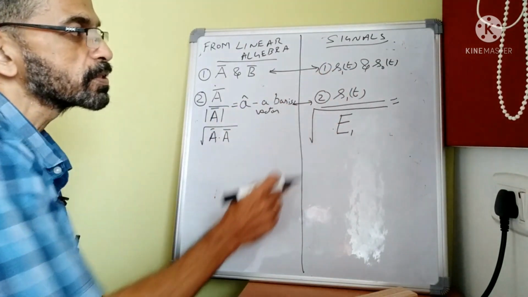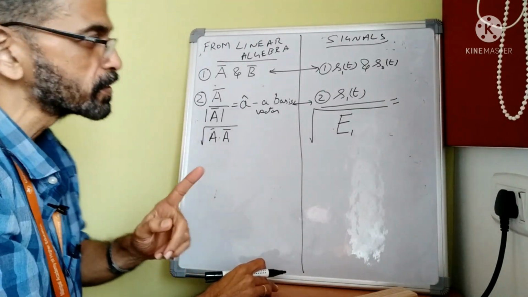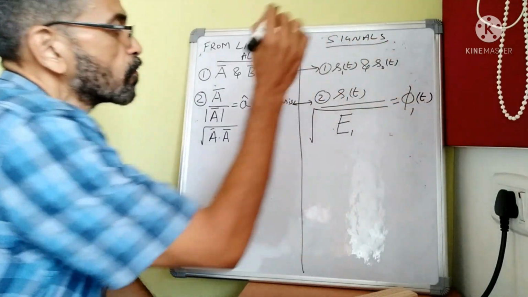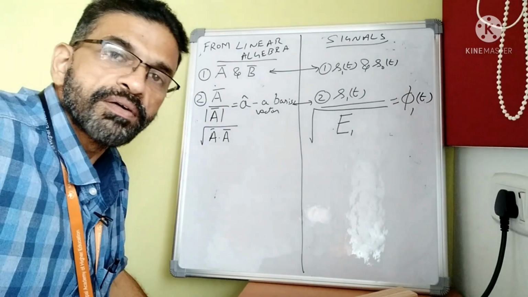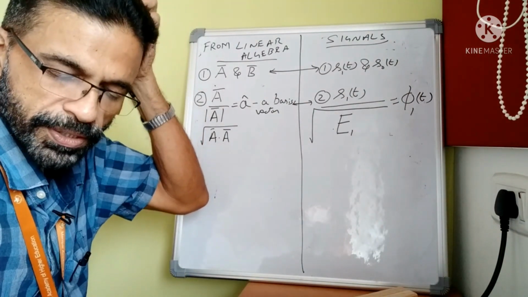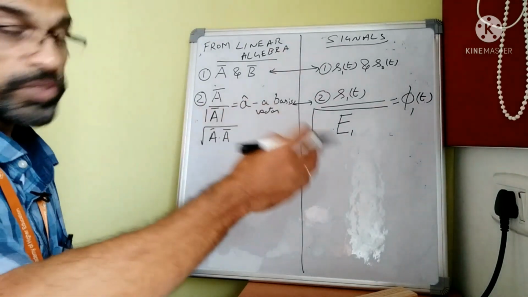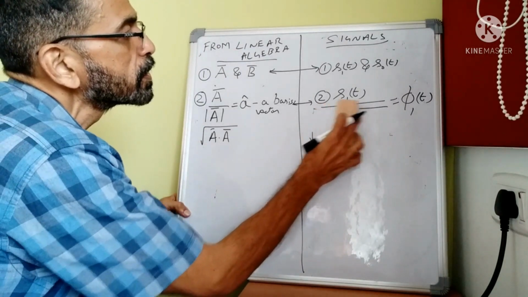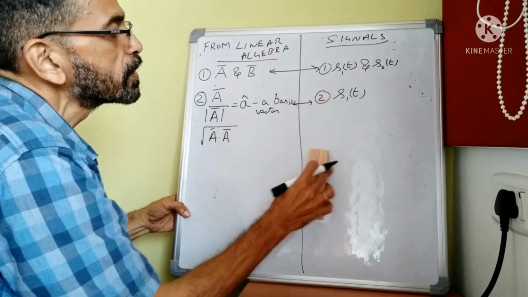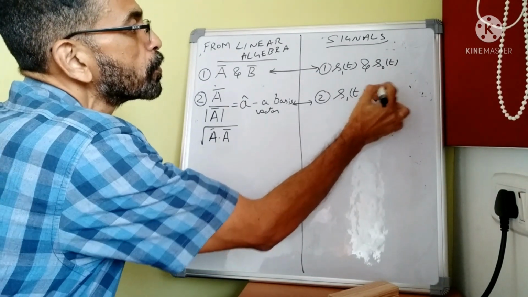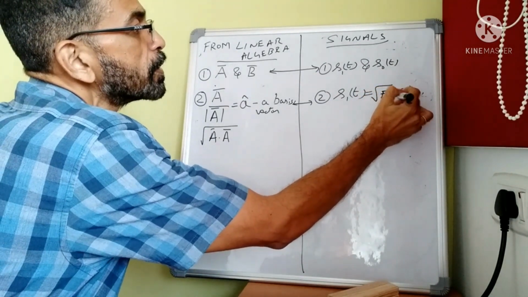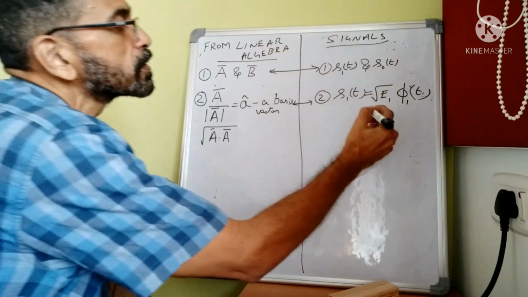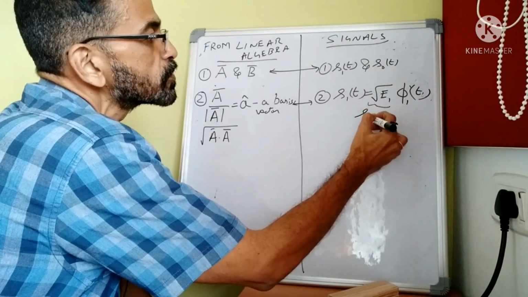This as a whole will be a function of unit energy, and this can become one of the orthonormal signals in our basis set, which means that S1t is equal to root E1 phi 1t, which means that this is S11.